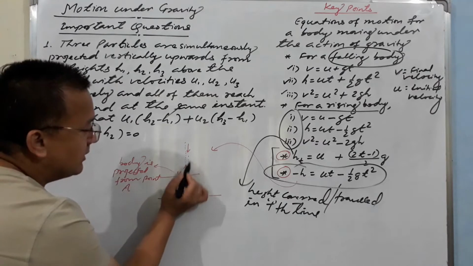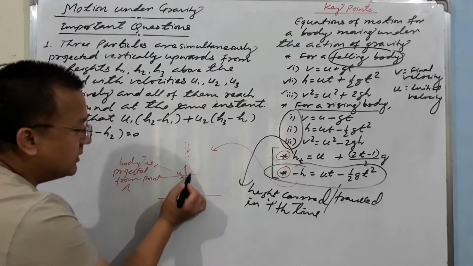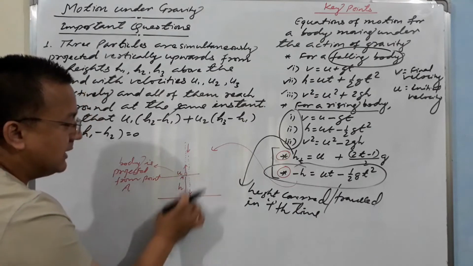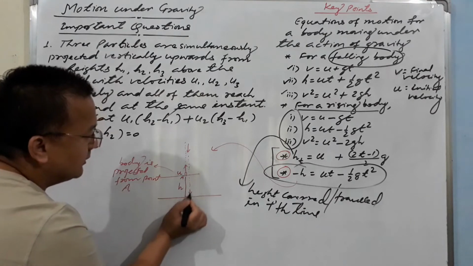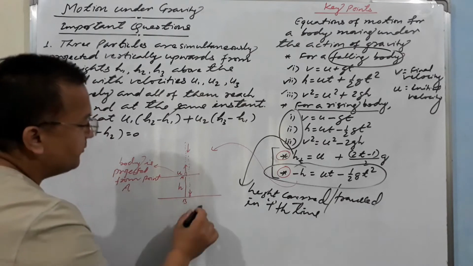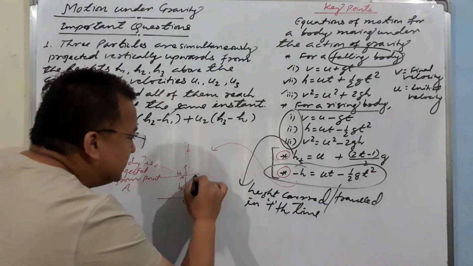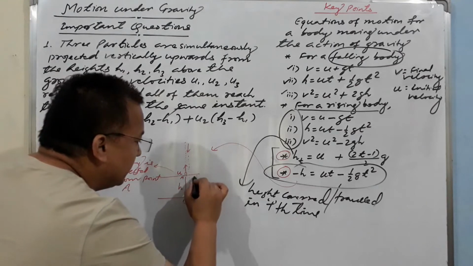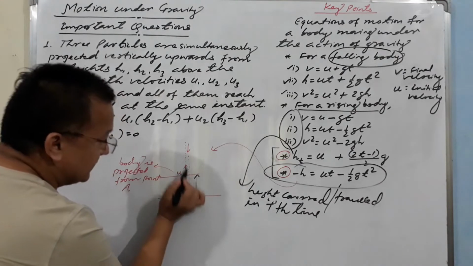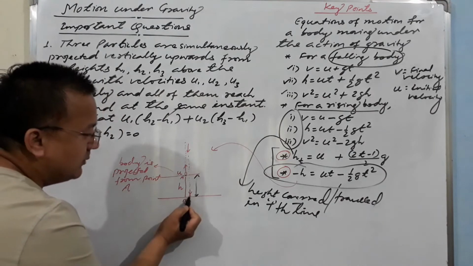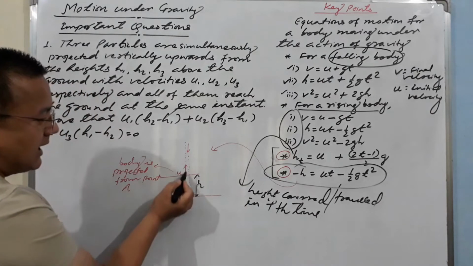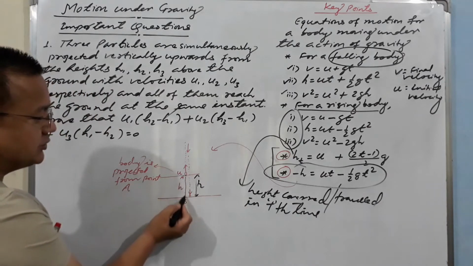But your body doesn't stay here, the body moves in the downward direction, and suppose this is the ground, you are here at a certain height, and the body drops here, and finally your body is displaced only this much. So you project in the upward direction, but finally the body is here, and your total displacement is h only, right?